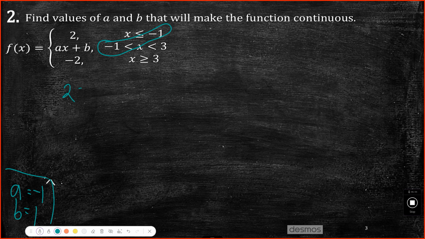So 2 has to equal a times -1 plus b. And on this other side, for this point, ax plus b has to equal -2.